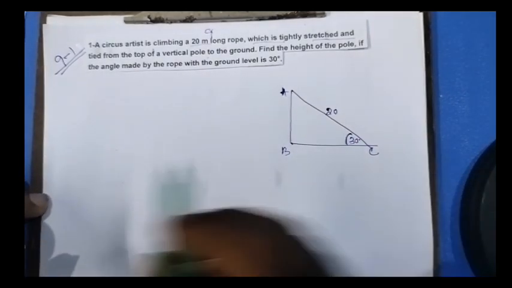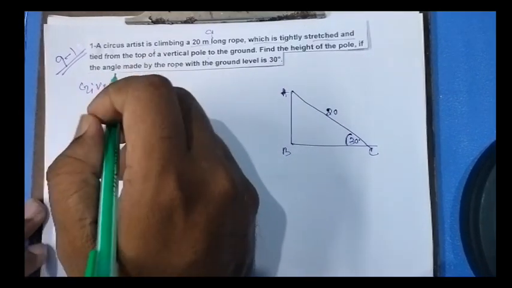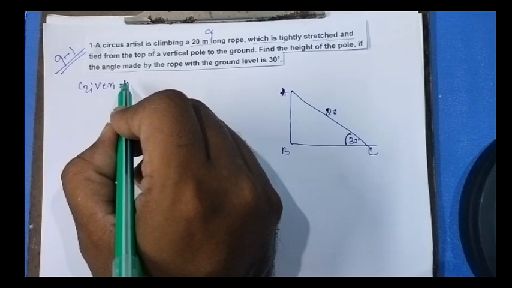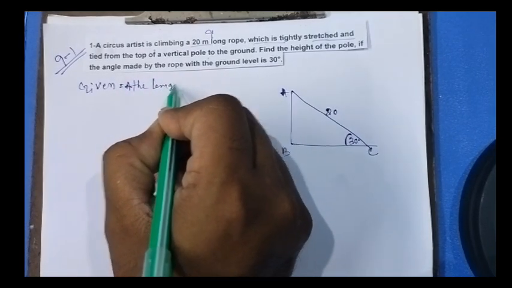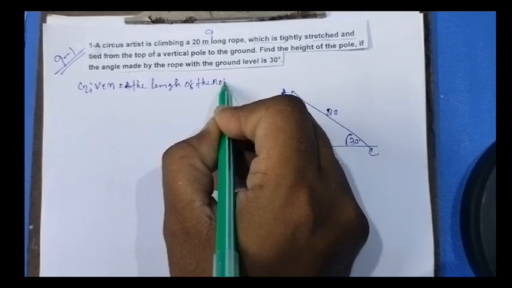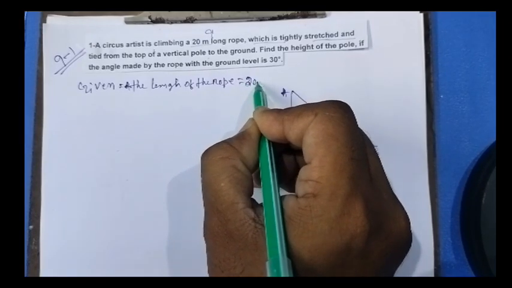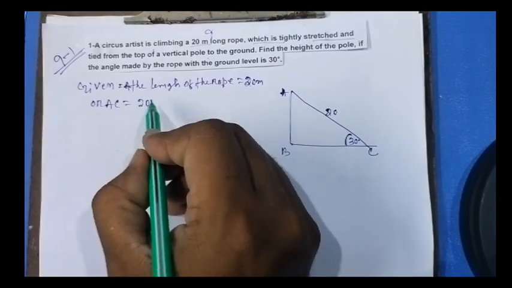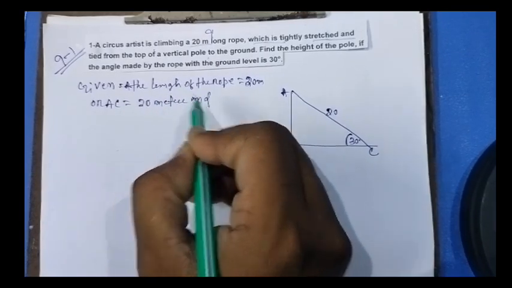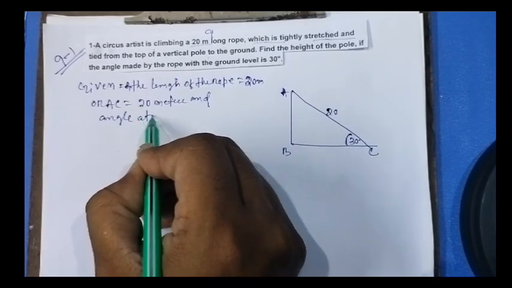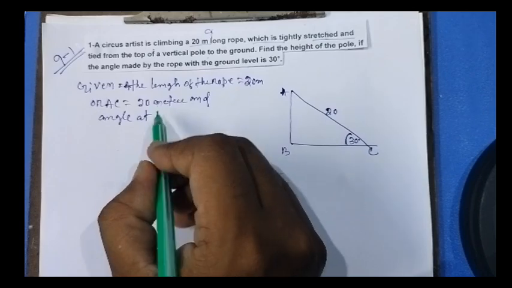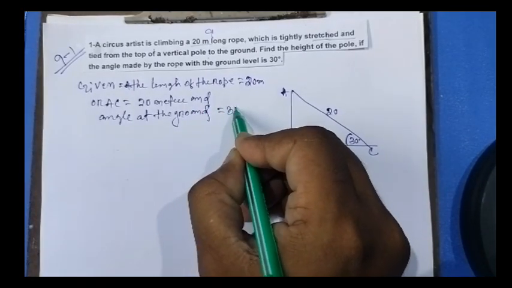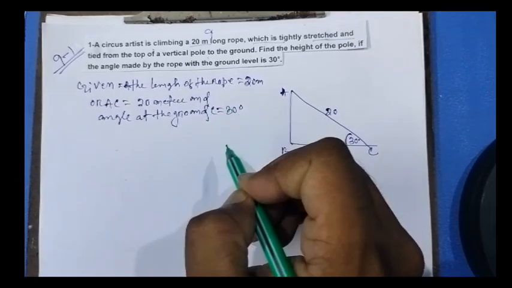So given, the length of the rope is equal to 20 meter, or AC is equal to 20, and the angle at the ground, angle C, is equal to 30 degrees.